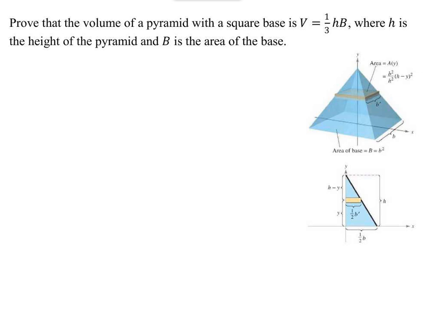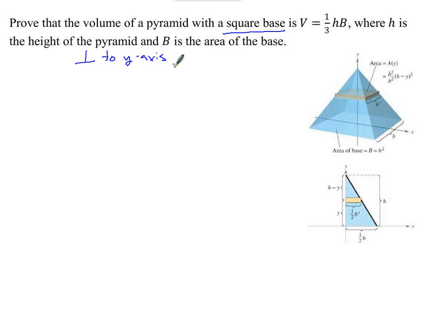First of all, it's a pyramid, but it has a square base. Because it has a square base, notice that in this picture, that square base is going to be my slider. It's a square the whole way up. So that means my cross-section is perpendicular to what? Perpendicular to the y-axis.